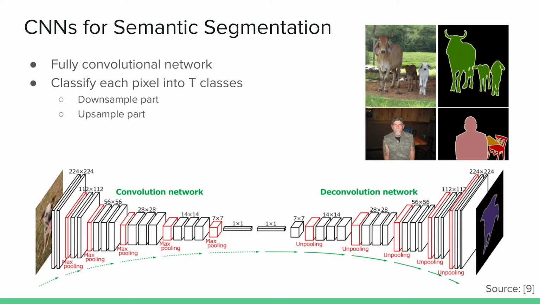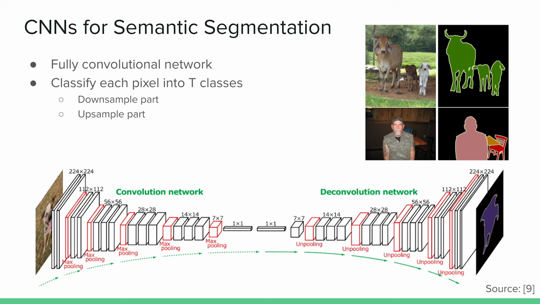We can also do semantic segmentation, where we assign a class label to each pixel, but not necessarily to each instance. One way of doing this could be with a fully convolutional network, where we have a bunch of convolutions that always make the image smaller.